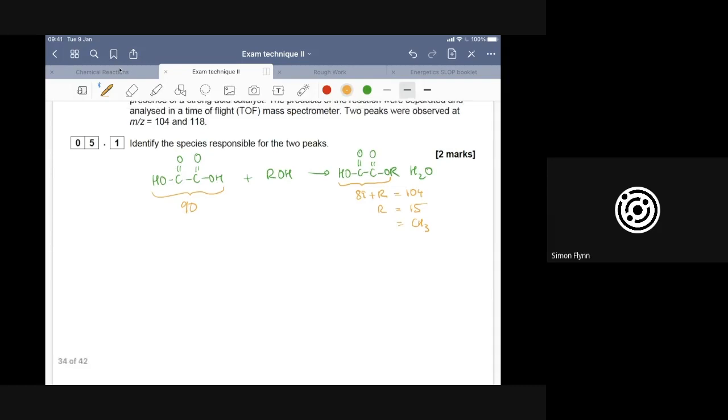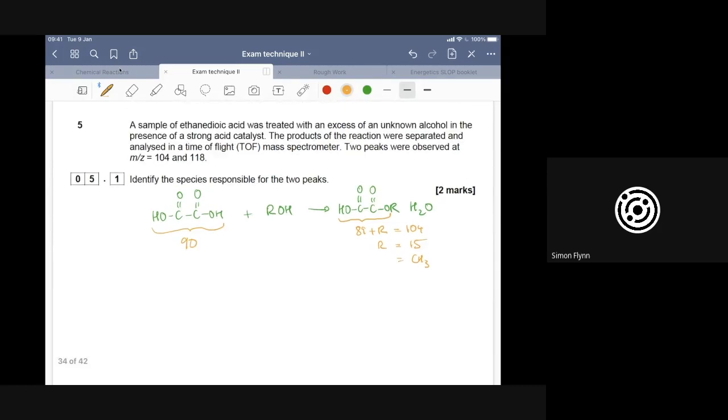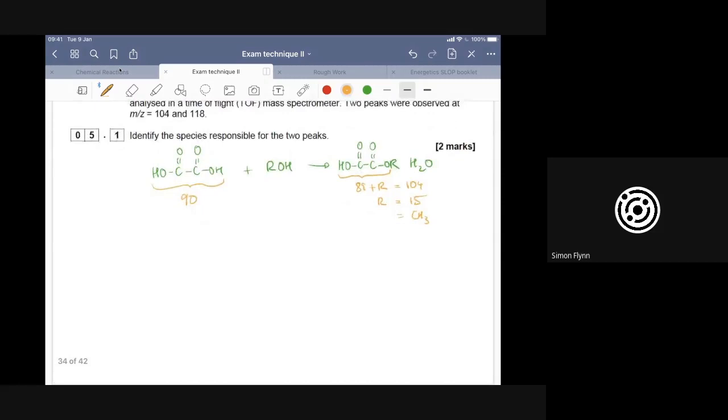So what were we actually supposed to identify? The species responsible for the 2 peaks. I'm not going to draw the whole thing, but these are our 2 species, and I'm just writing R. But we've worked out from the first one what R has got to be.